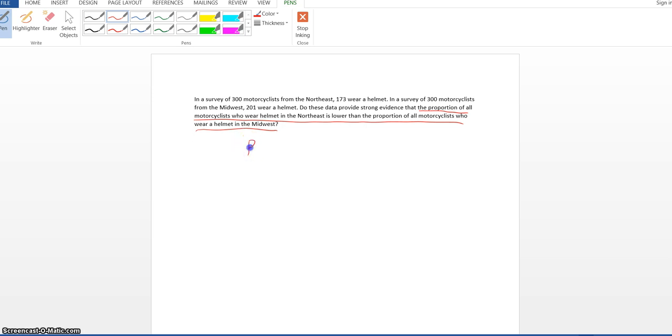I'm going to have P1 be the proportion of all motorcyclists in the Northeast who wear helmets. And I'm going to have P2 be the proportion of all motorcyclists in the Midwest who wear helmets.